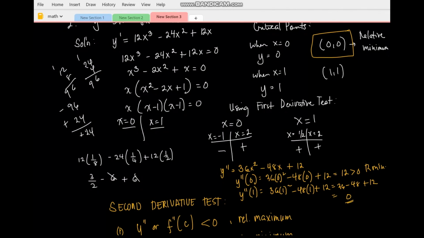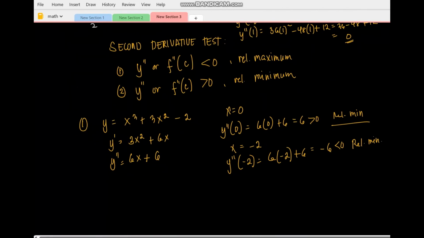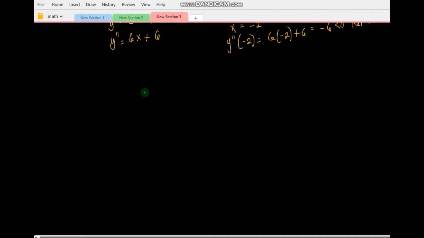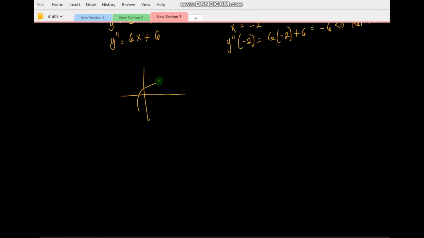So point of inflection is a point wherein the graph changes its concavity. Let's say we have a graph. So, this point, see this is point 1. This is a point of inflection.